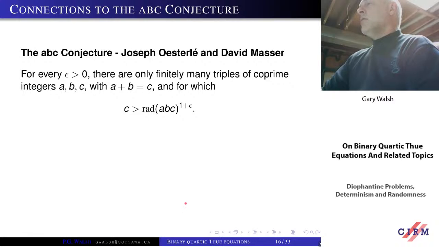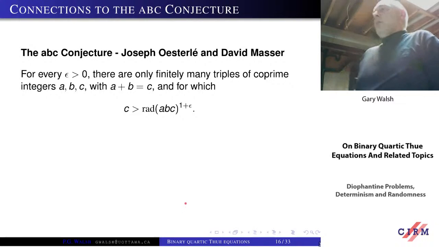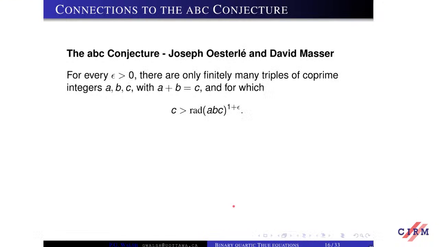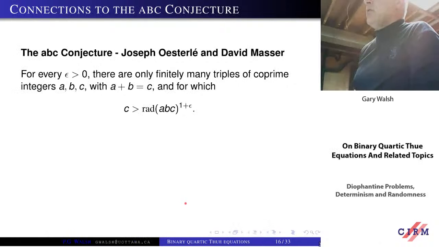Well, okay, as promised, I mentioned that there was a connection to the ABC conjecture. Now, the ABC conjecture goes back to the mid-80s. Joseph Oesterlé first proposed a formulation, later refined by David Masser.